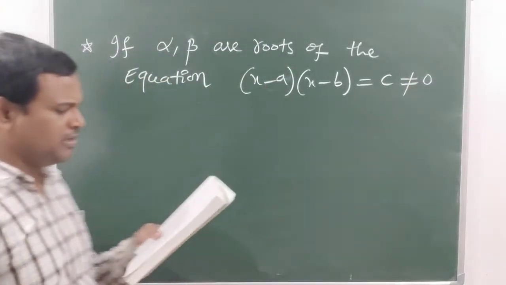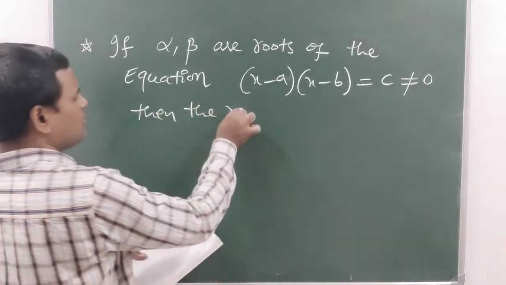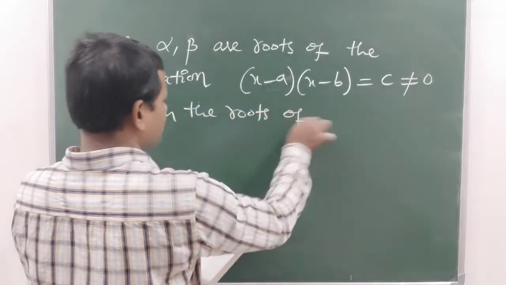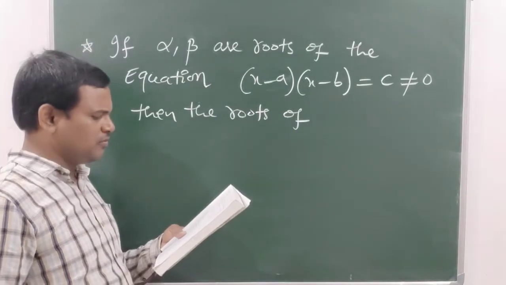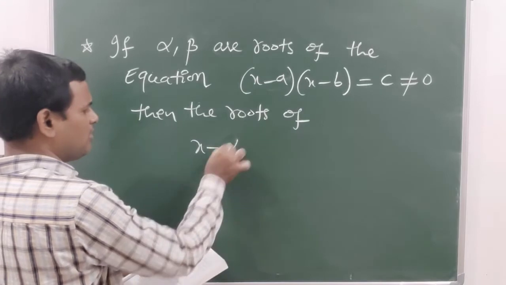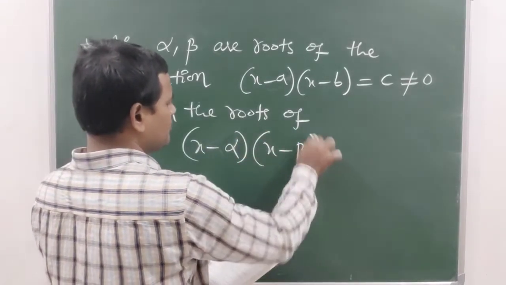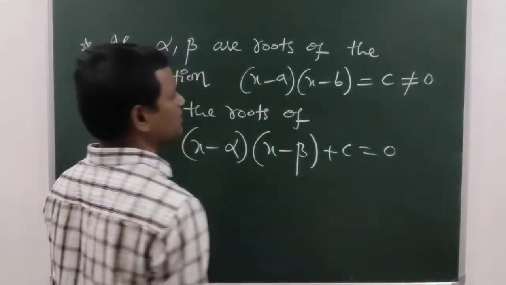Observe that point. Then the roots of the equation (x minus alpha) into (x minus beta) plus c, which is equal to 0.